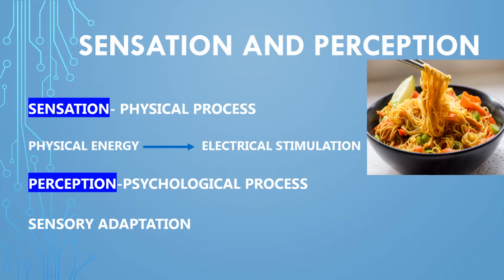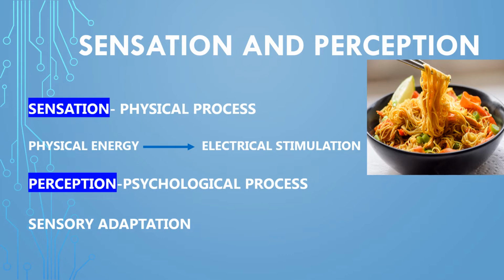So in this process of sensation, the stimulus is taken from the environment, and this is a kind of energy. It can be light, it can be sound, whatever it is, it is converted into a form which our brain can understand. That is electrical stimulation.